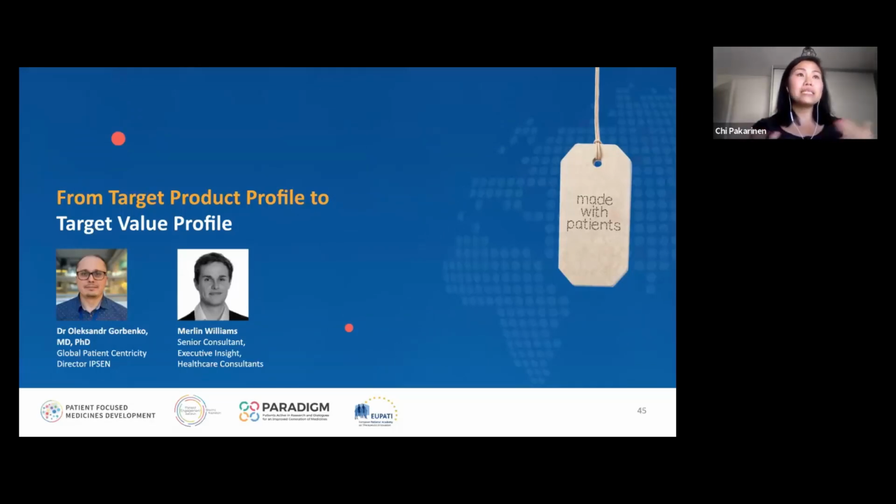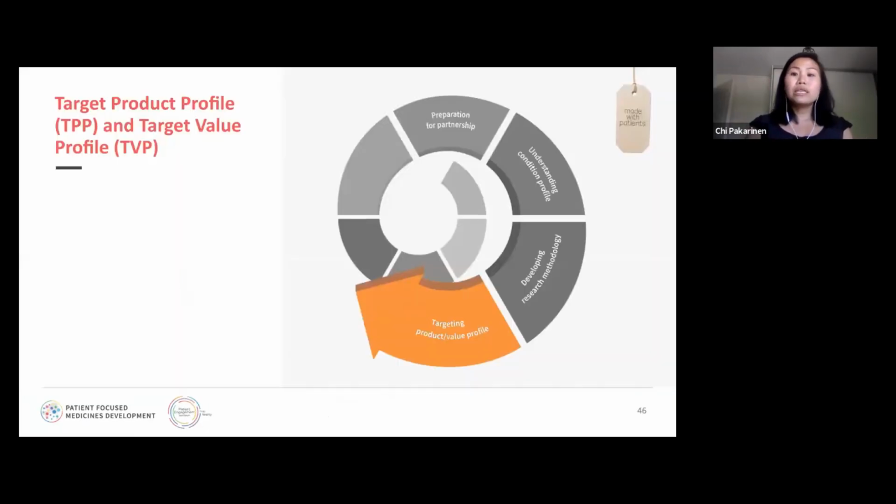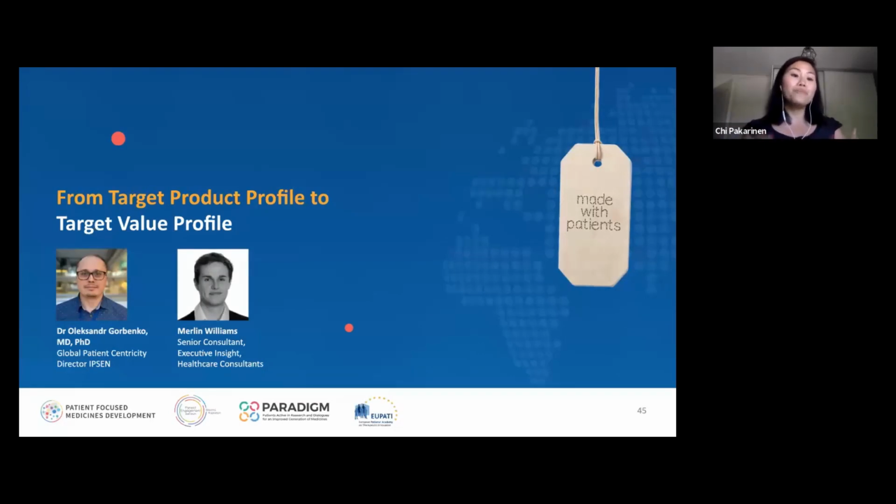Just to base this a little bit, the guidance that we have developed follows the spiral structure, which really helps you set up the partnership to go through all these steps and end up with a target product and value profile that will help you transition and further your research into following phases. And this is still working together with the patients. So Alex and Merlin, the floor is yours.